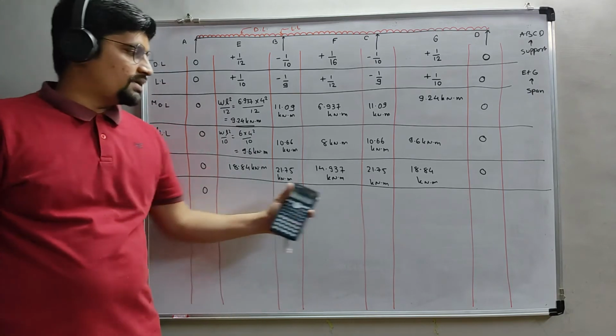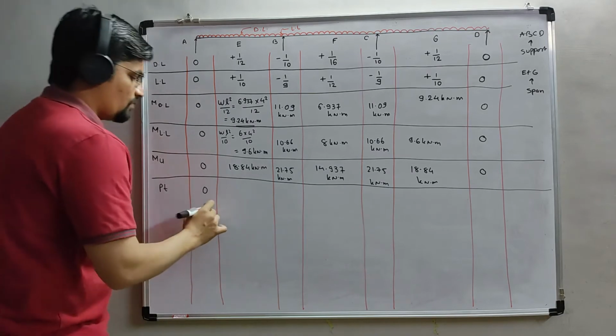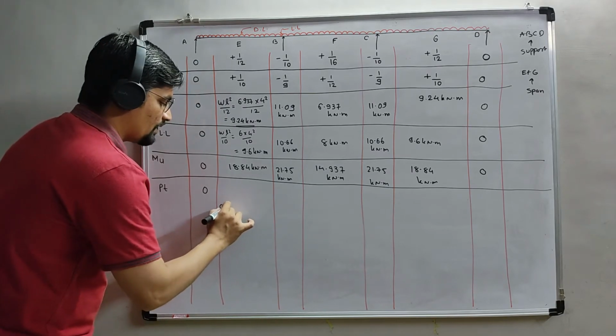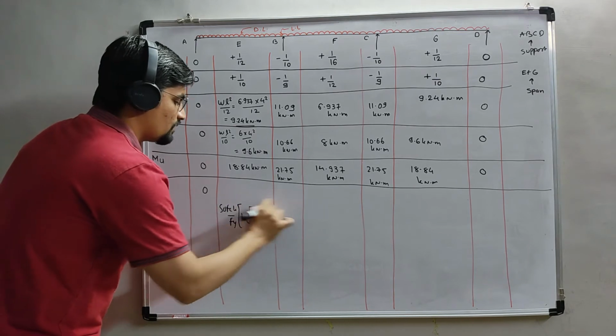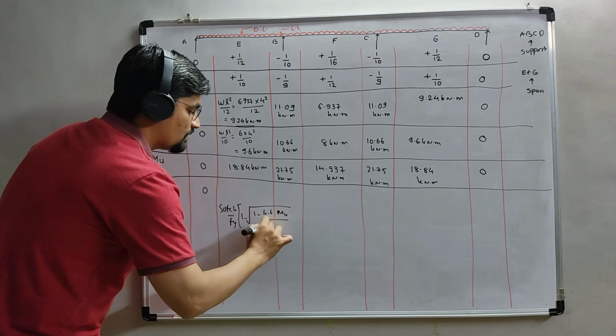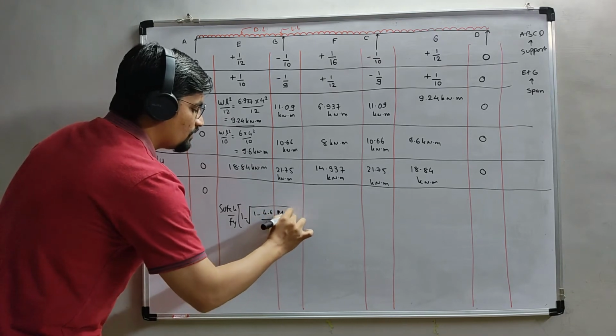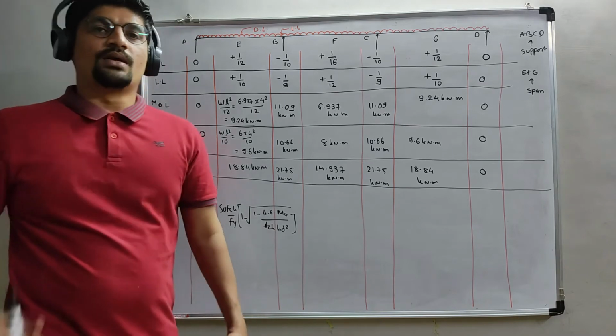Let's calculate the PT. So I am taking the first one. The equation was like this: 50 FCK by Fy into 1 minus under root of 1 minus 4.6 Mu by FCK BD square. B will be 1000 and D will be our effective depth, which is 120.